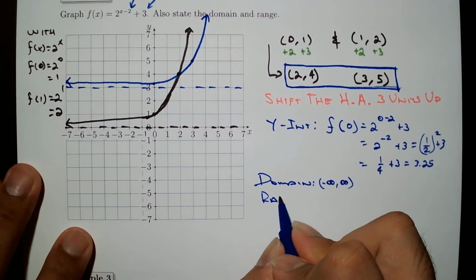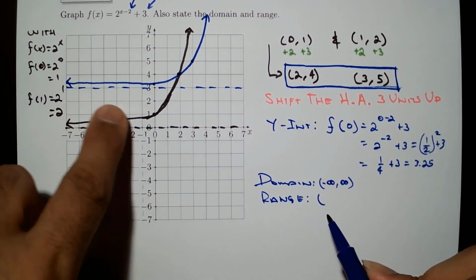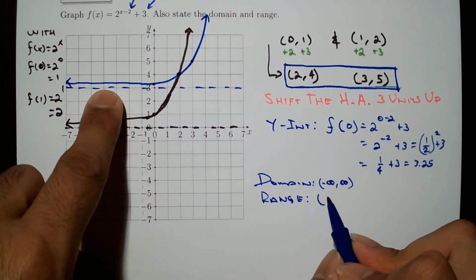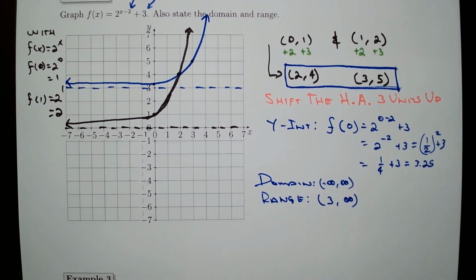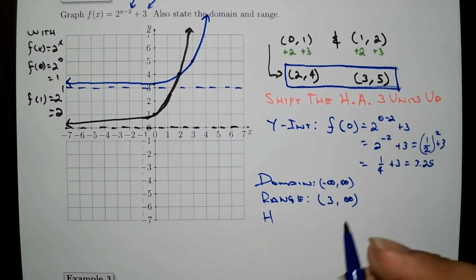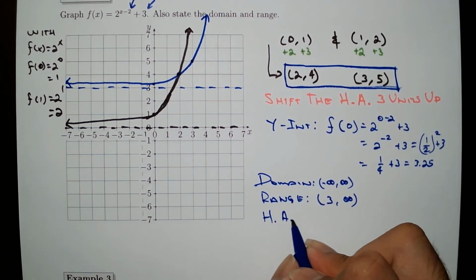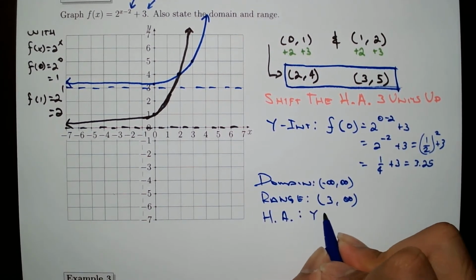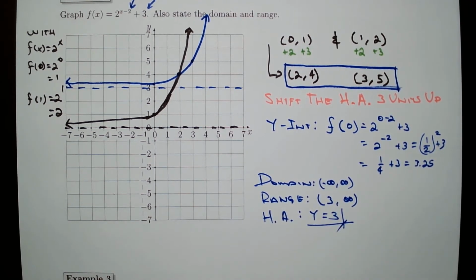The range, however, is going to change, from the smallest y value, which is 3, all the way to infinity. And the y-intercept, we already got it. And the horizontal asymptote, we already mentioned that we shifted 3 units up. Its equation is y equals 3. All right.